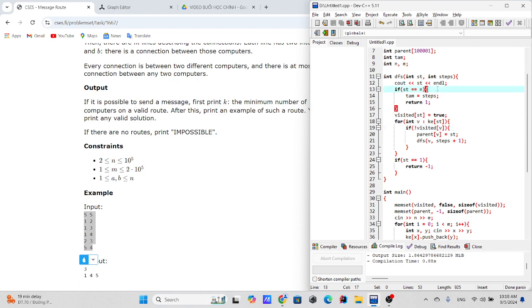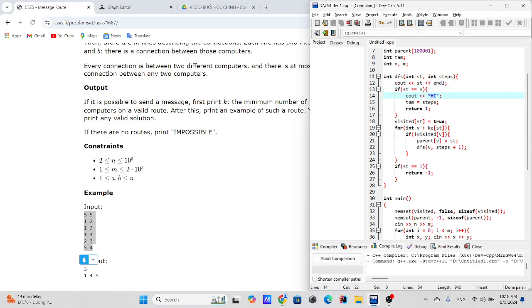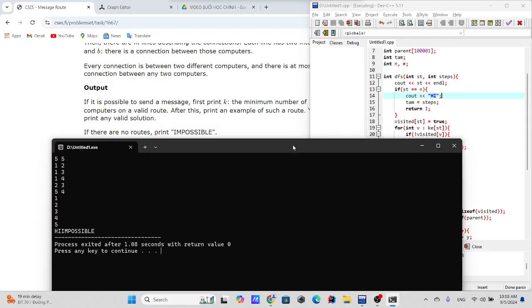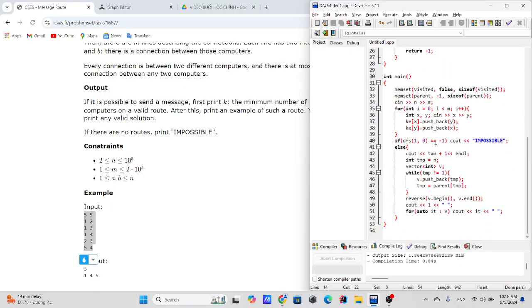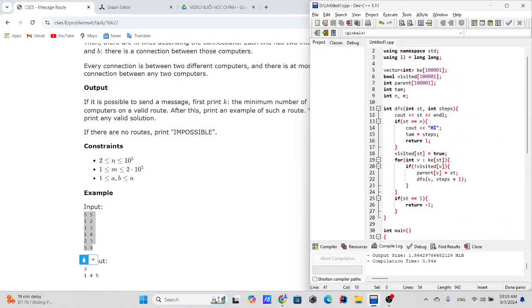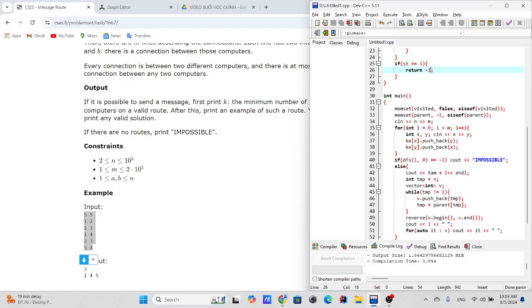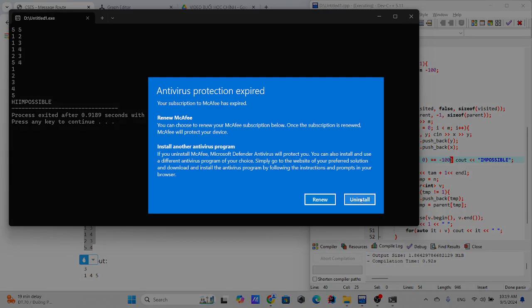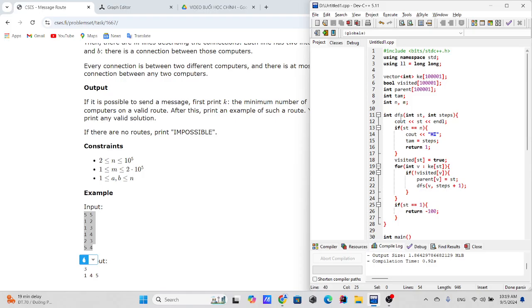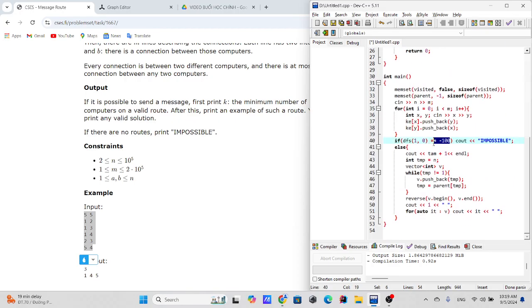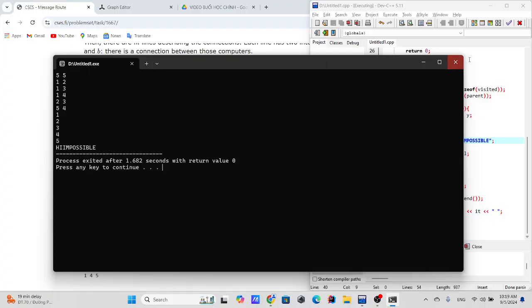Impossible. How? It's return one. Makes no sense.